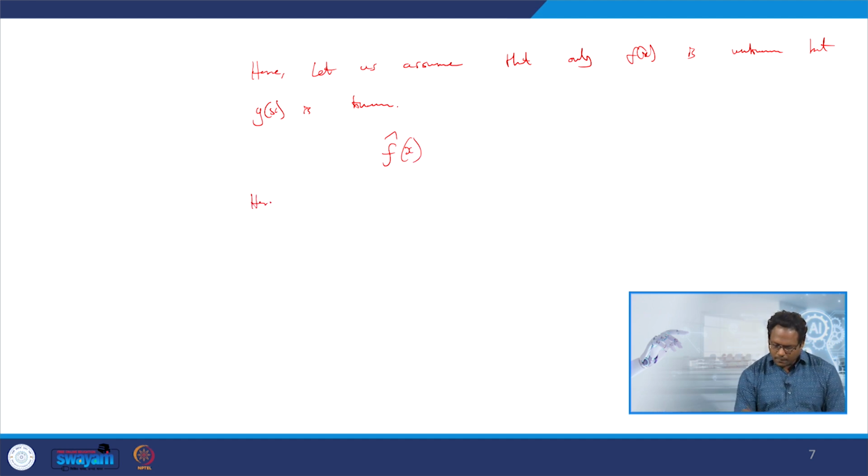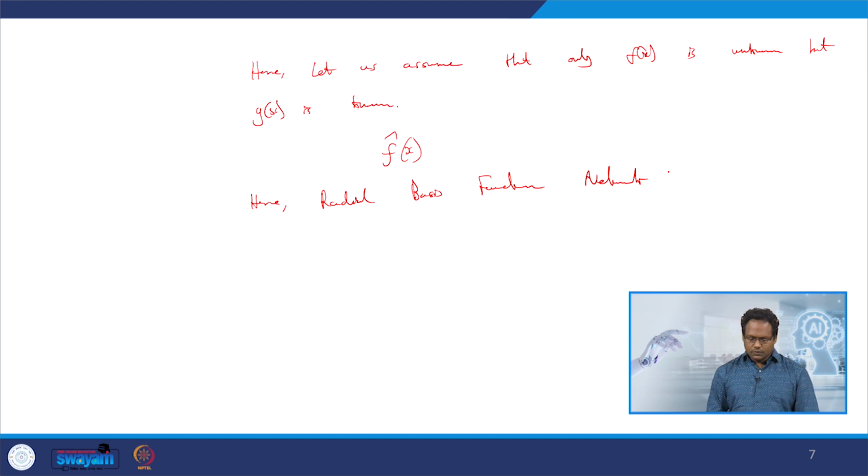Here we approximate f of x by using a radial basis function network, which is the neural network. We consider that because it is simpler and also it is essential to estimate the unknown function for our particular motto.